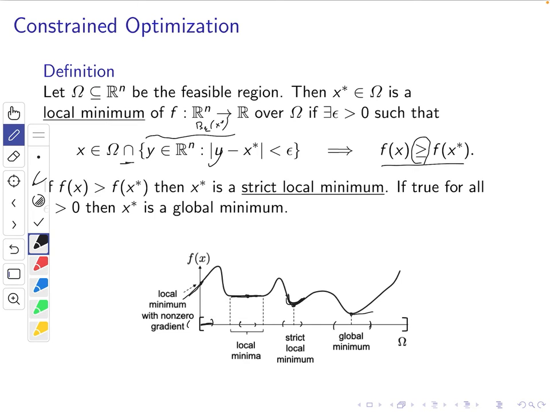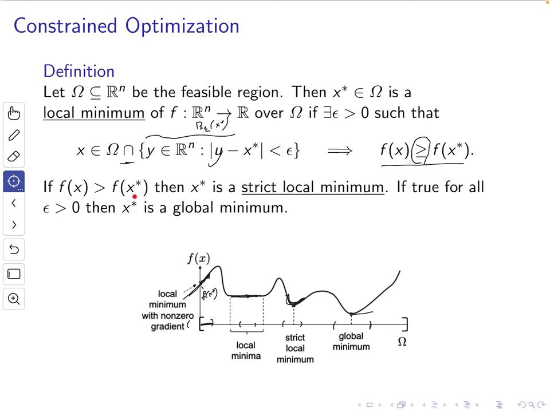So for every x in that region, f of x star here would be smaller than all of the f of x over that region. So this point may also be a local minimum.